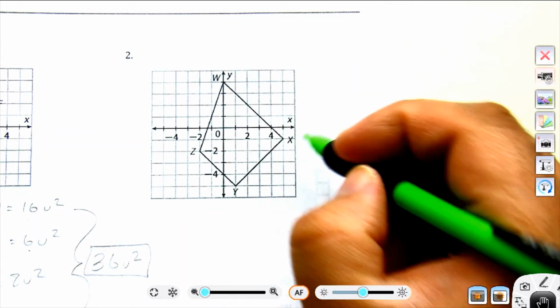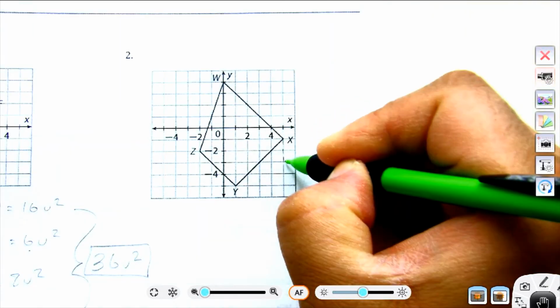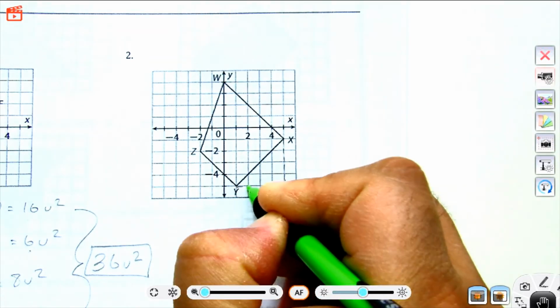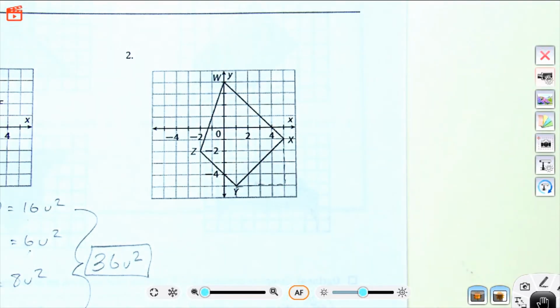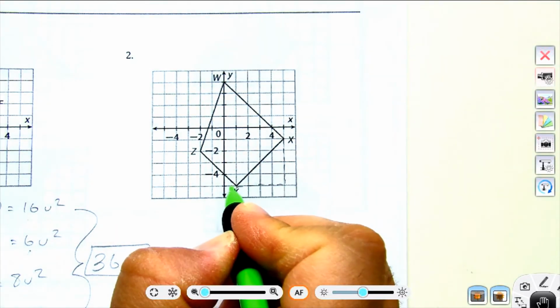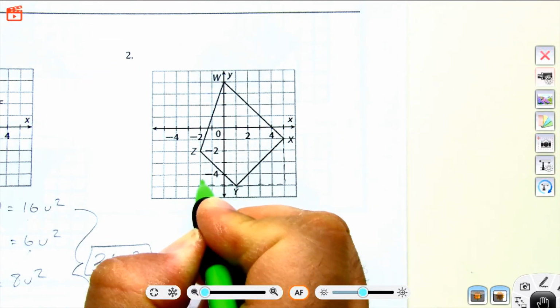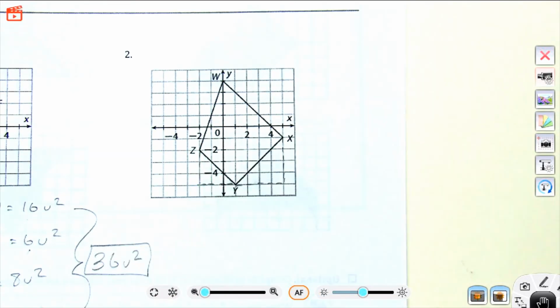So let me draw. Hopefully you guys could see the rectangle I'm drawing. So I'm just drawing a rectangle around this figure.